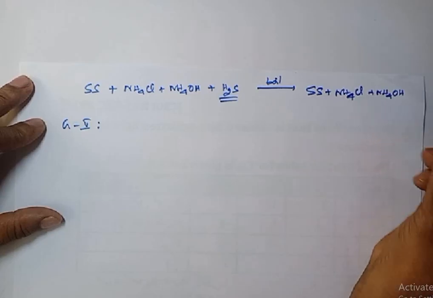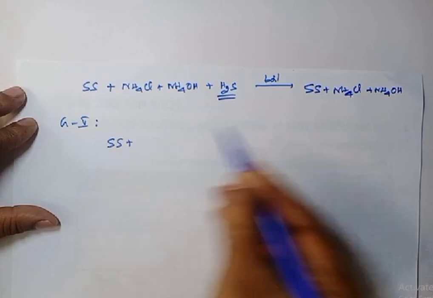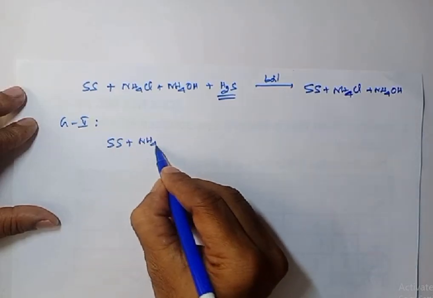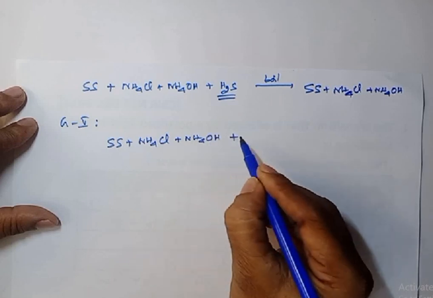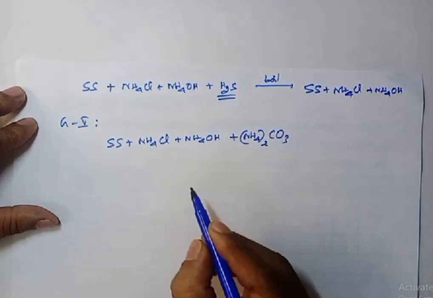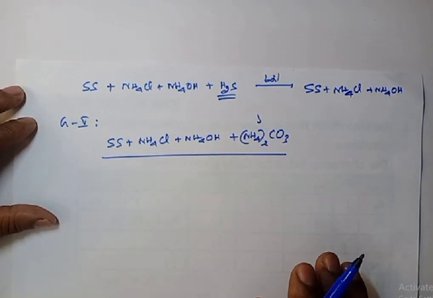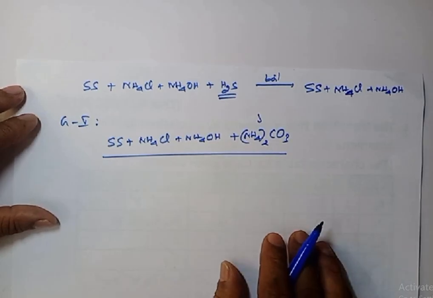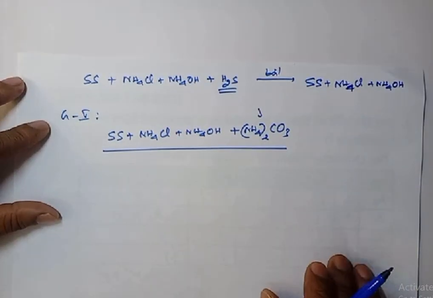It remains basic. Now in group 5, to this mixture of salt solution, ammonium chloride, and ammonium hydroxide, we should add ammonium carbonate, (NH4)2CO3. If we add ammonium carbonate, the group 5 metal ions get precipitated as their carbonates.